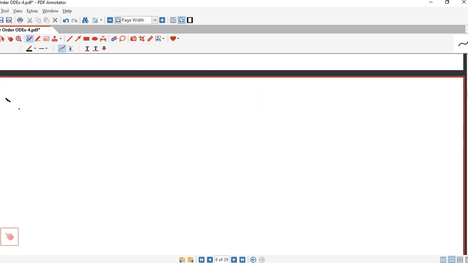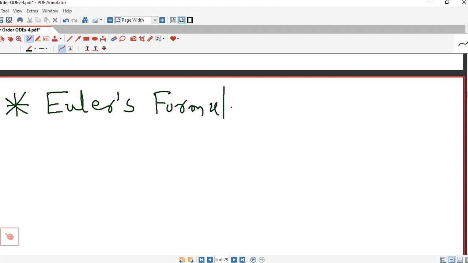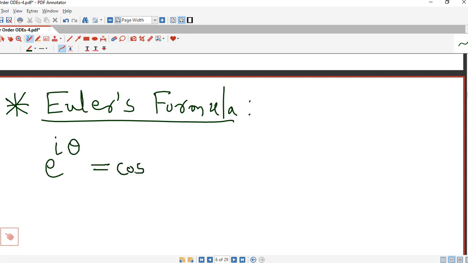Another formula which will be required is Euler's formula. Euler's formula expresses the exponential function in terms of sine and cosine. So we are already familiar with Euler's formula, e raised to i theta equal to cosine of theta plus i sine theta.